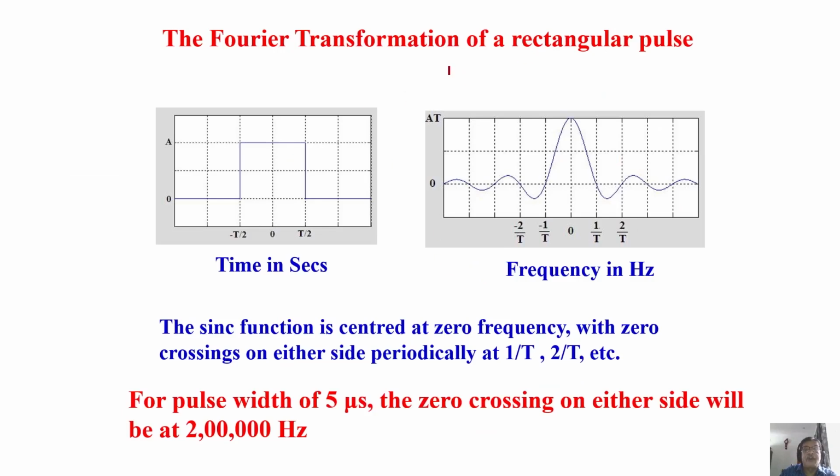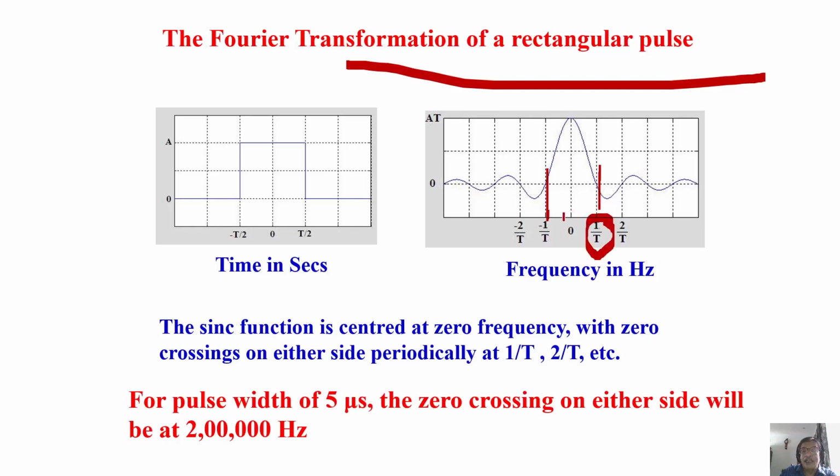The Fourier transformation of a rectangular pulse is a sinc function, and this is the point. The zero crossings are exactly at 1 by t, minus 1 by t, and plus 1 by t, where t is the width of the pulse. So you have to choose your pulse width such that if the pulse width becomes larger, the excitation profile becomes smaller.